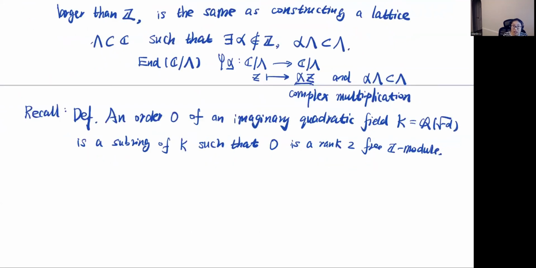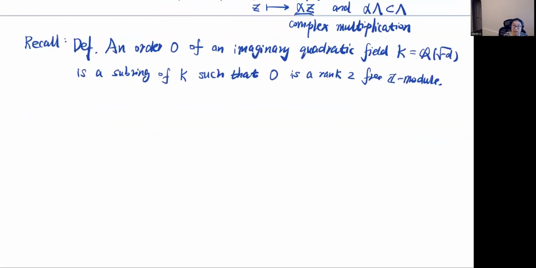So an order in an imaginary quadratic field K is nothing but a subring of K that is also a rank 2 free Z module. First of all, an example is O_K, which is the ring of integers. So the ring of integers of an imaginary quadratic field is an order.